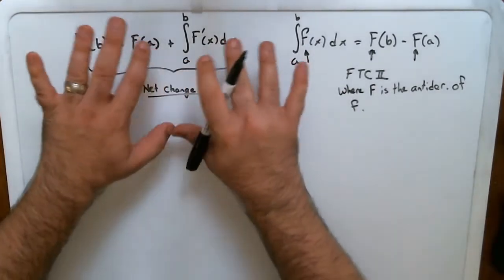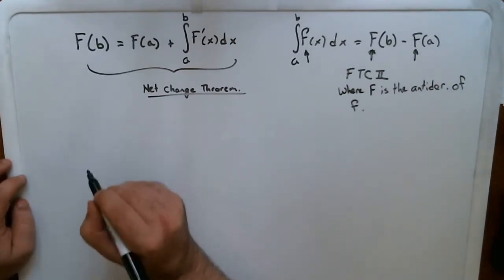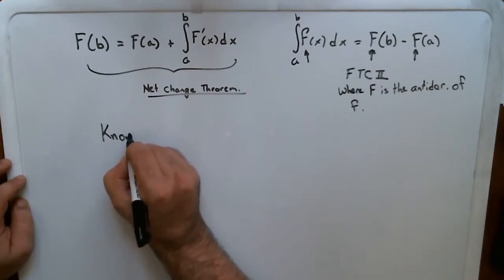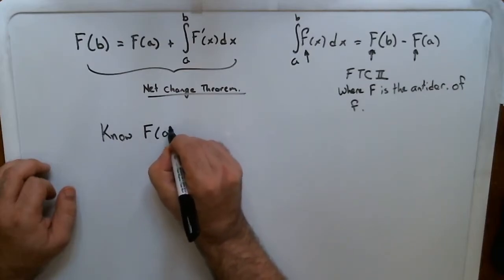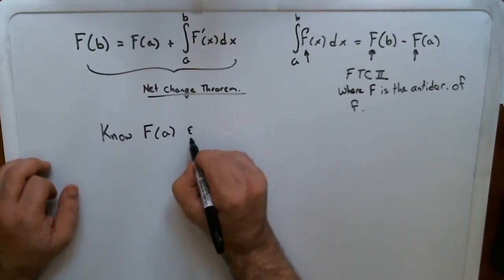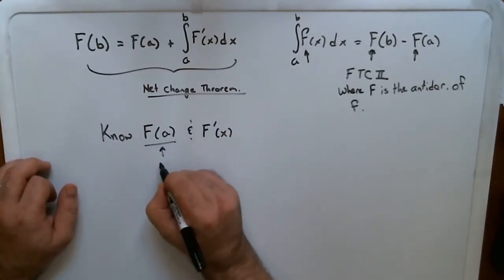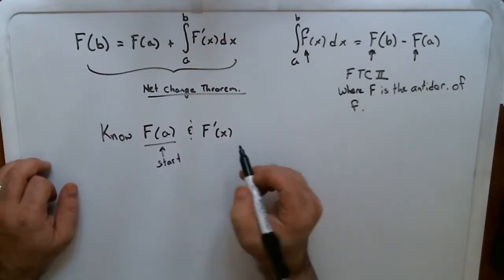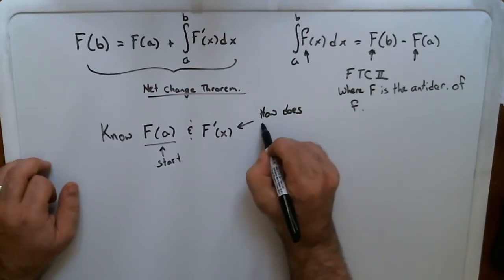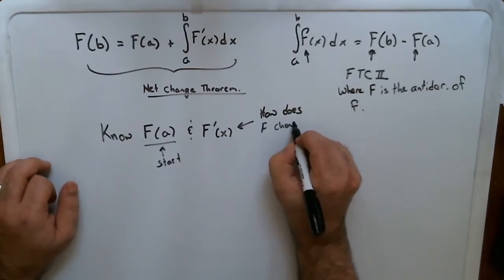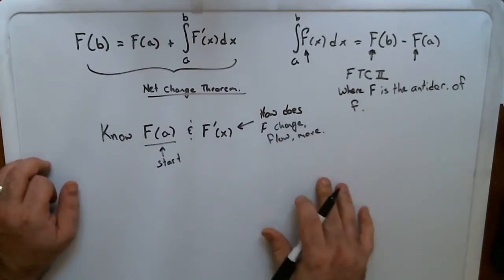Okay, so to try to explain this a little bit more, I want you to pretend that we just know two pieces of information. I know where a function starts, f of a, and I know information about its derivative. So we're going to interpret that as my starting point. And then this right here is like, how does f change? Flow is another good word. Move is another good word.